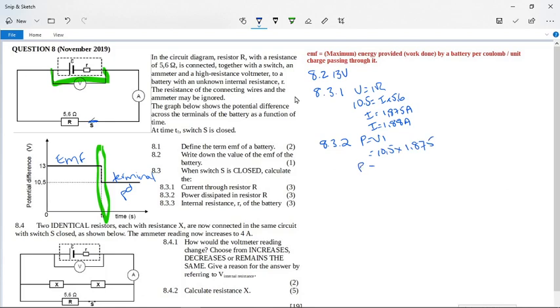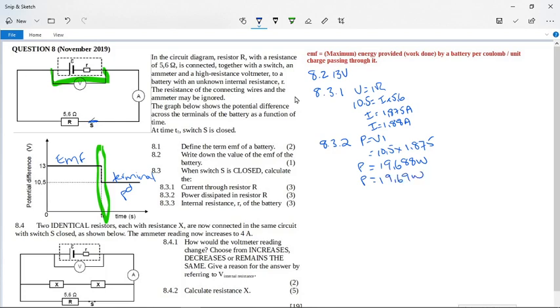So the power is going to be 19.688 watts, because power is the rate of doing work and we measure it in joules per second or watts, or 19.69 watts if you like.